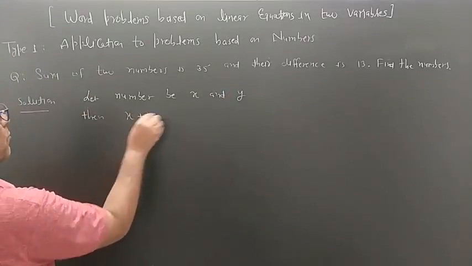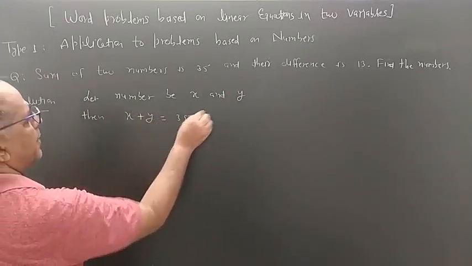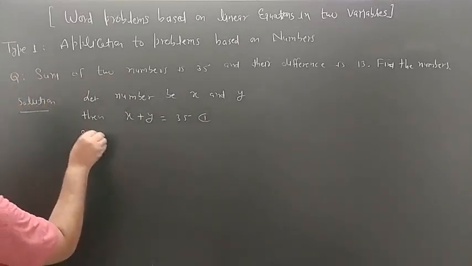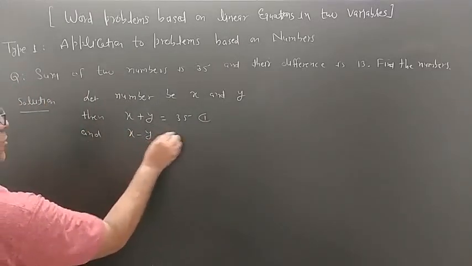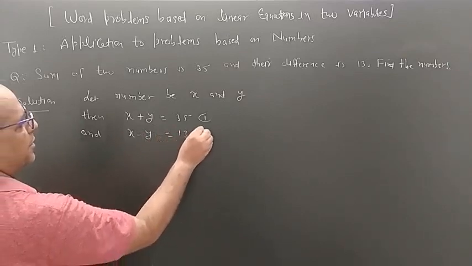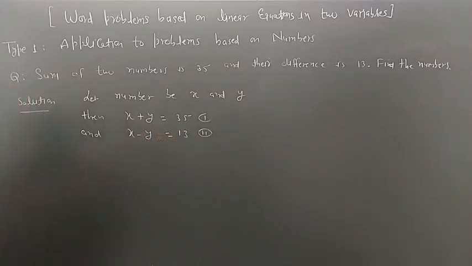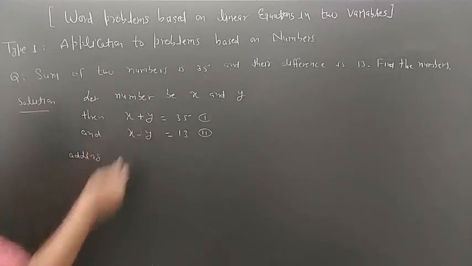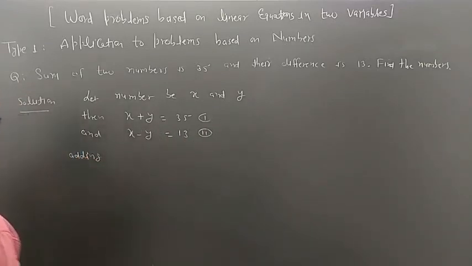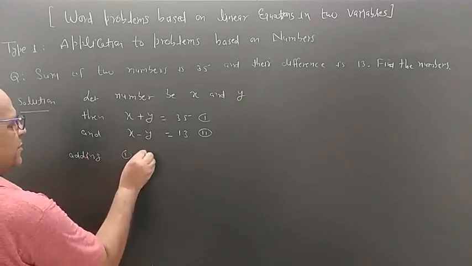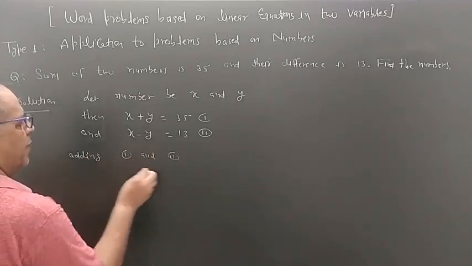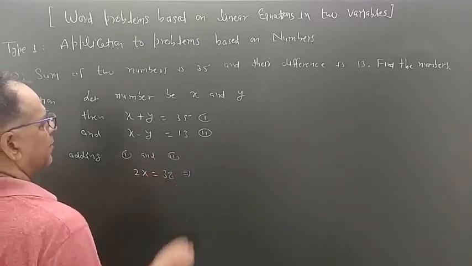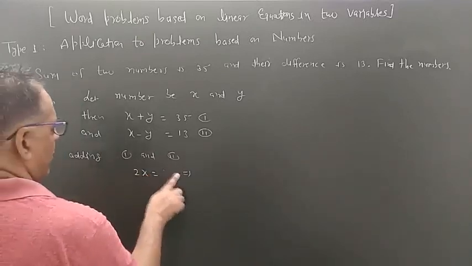Then x plus y equal to 35, because the sum of the numbers is 35, and x minus y equal to 13. Using the elimination method, since the coefficients are the same in x and y, adding equation first and equation second, we have 2x equal to 48.